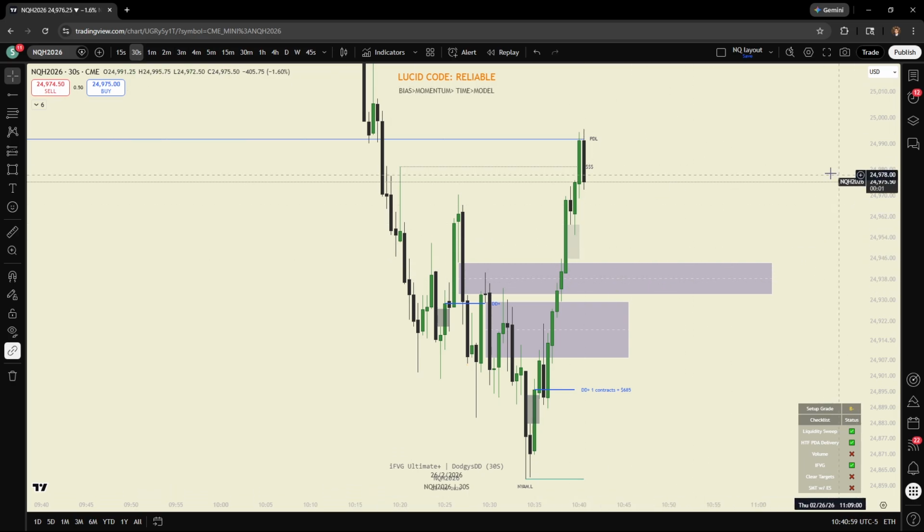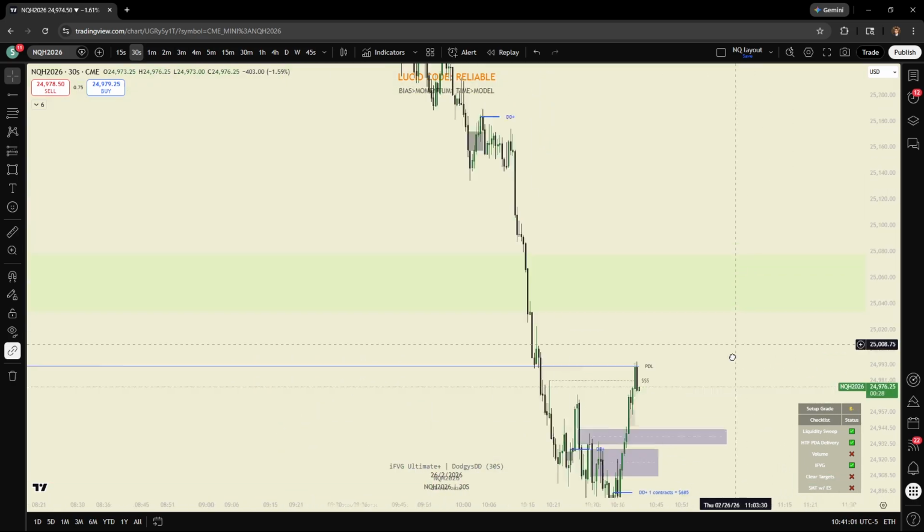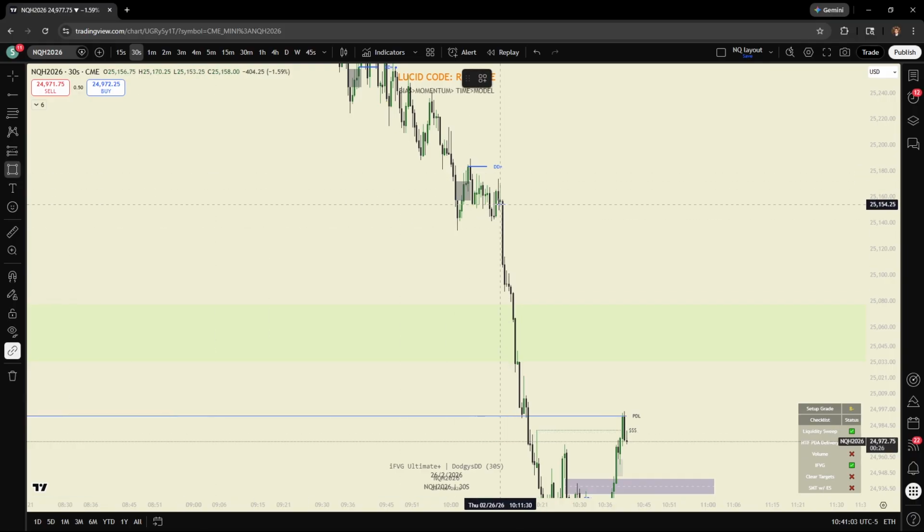Final TP, if you're in a long, probably this last gap in the lake here.